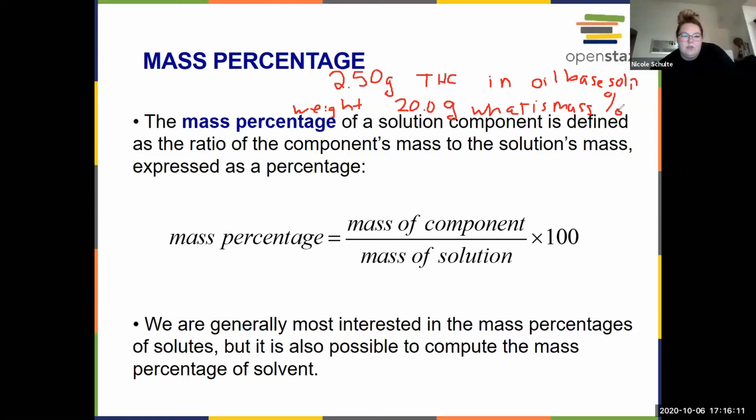So would the 2.50 grams go on the bottom since it's the solution? So it's 2.5 grams of THC. Yeah. So we're saying we have 2.5 grams of THC, and I'm saying that it's altogether in an oil-based solution that weighs 20 grams. So who's going on the bottom? The 20 grams.